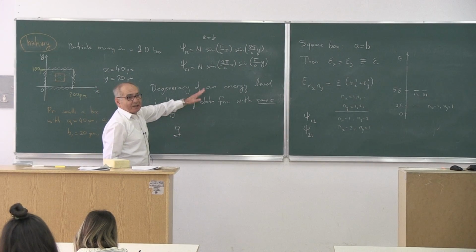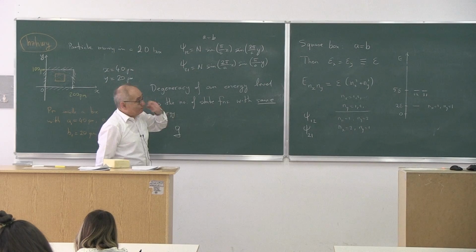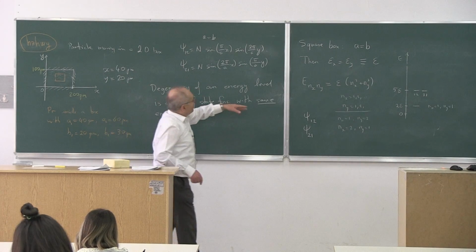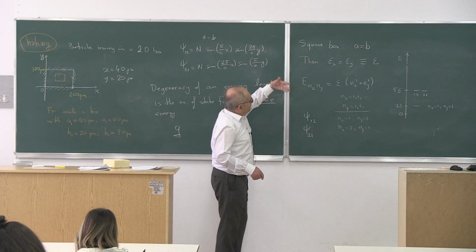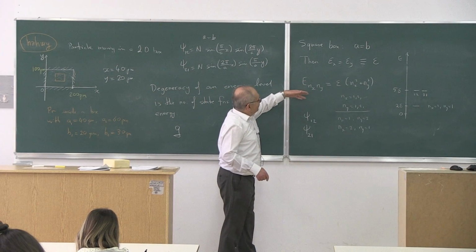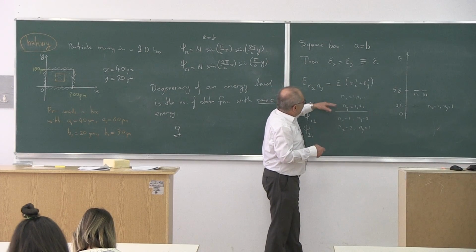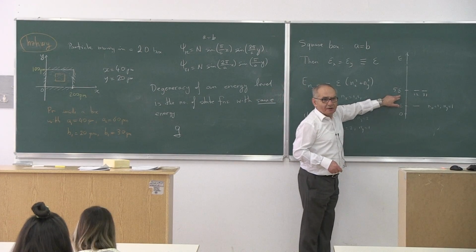It is a number of state functions. In this problem, how many states do we have? Is there another selection so that you will obtain 5 Fs?